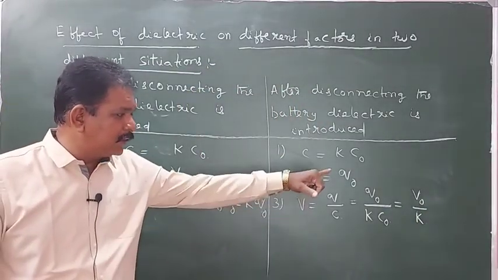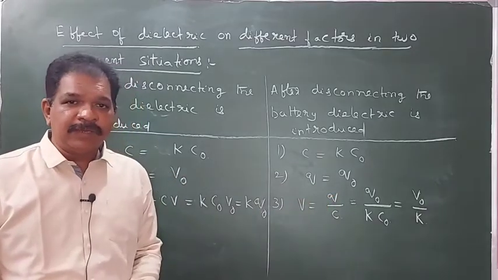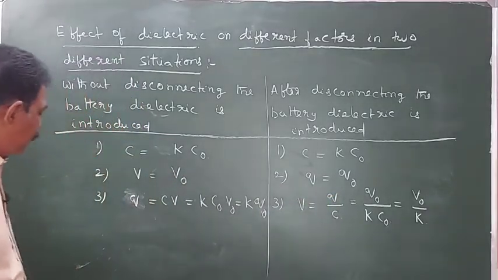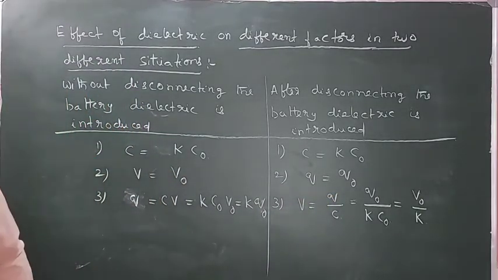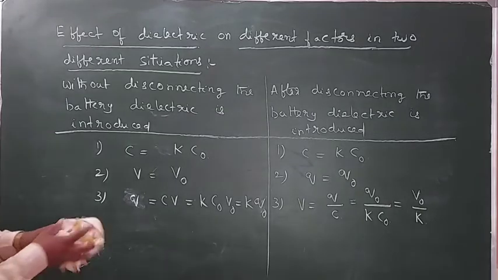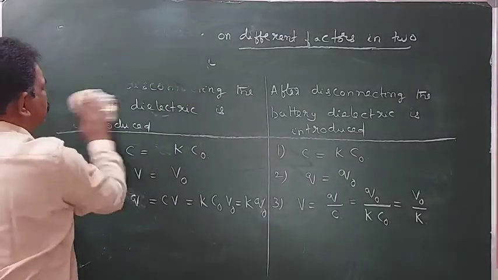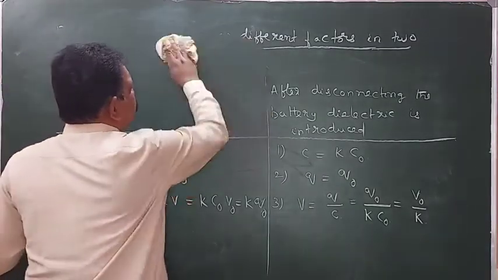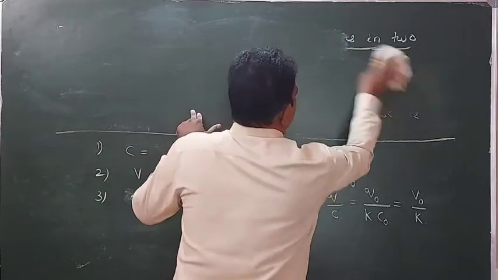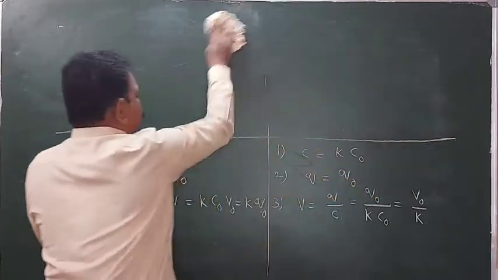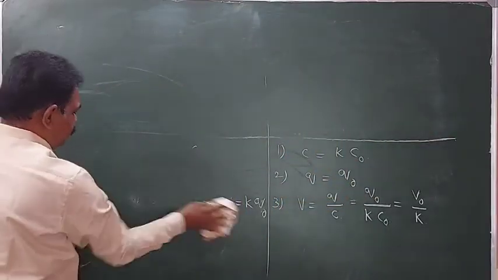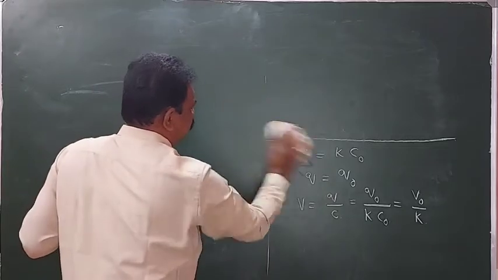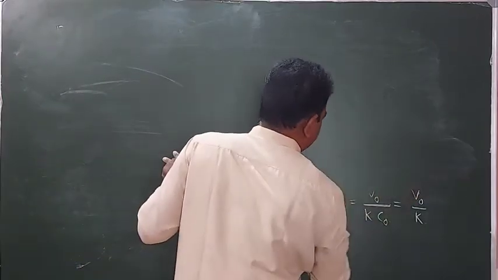That's why V is equal to V naught by K. Clear? Next, remaining also if we write, next.